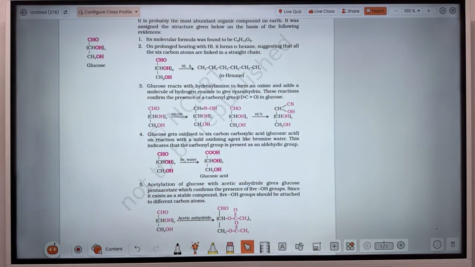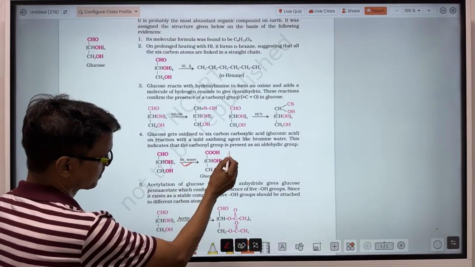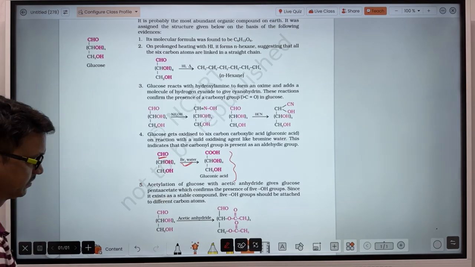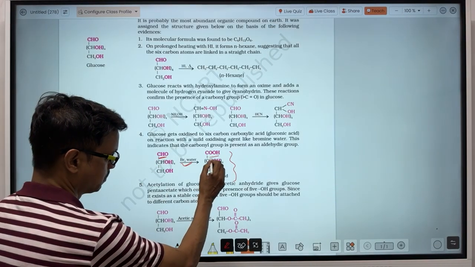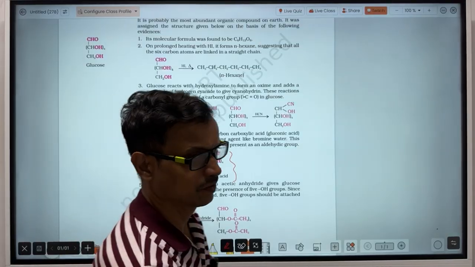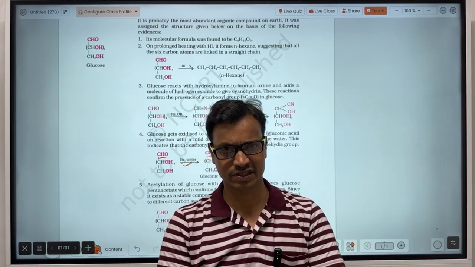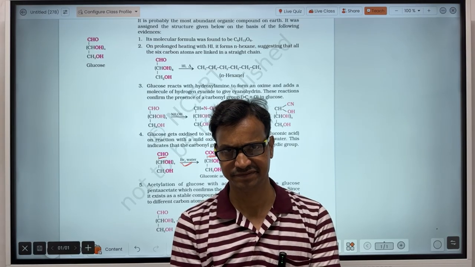The second one is here: when glucose was oxidized by bromine water, there is formation of gluconic acid. The CHO group has been oxidized into COOH. You already know that when an aldehyde group oxidizes, there will be formation of carboxylic acid.